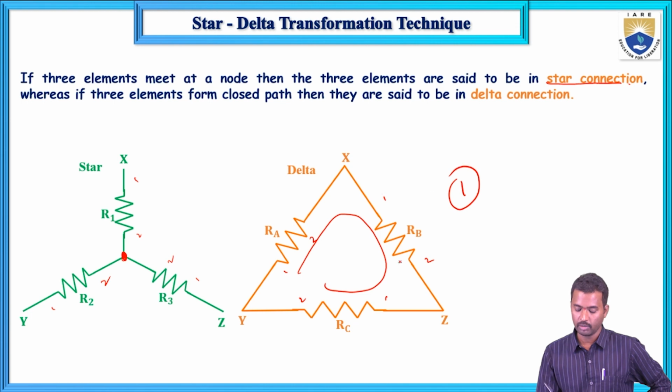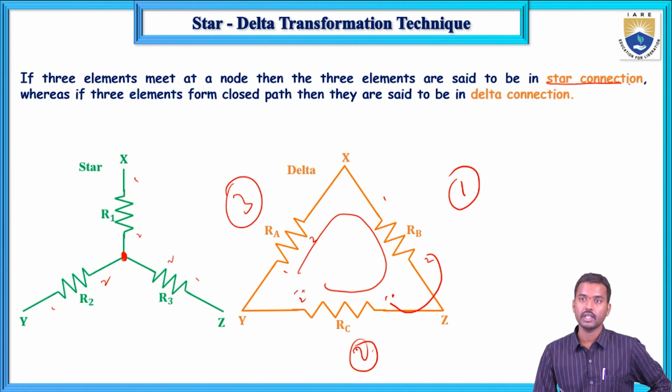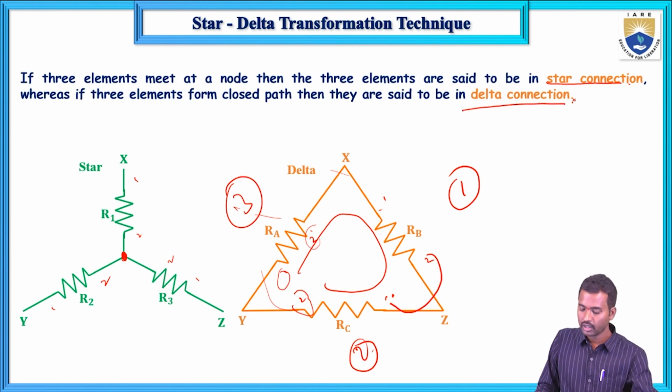This is the first element, second element, and third element. The first element's second end is connected to the second element's first end, the second element's second end is connected to the third element's first end, and the third element's second end is connected to the first element's first end. Such a connection is known as the delta connection.